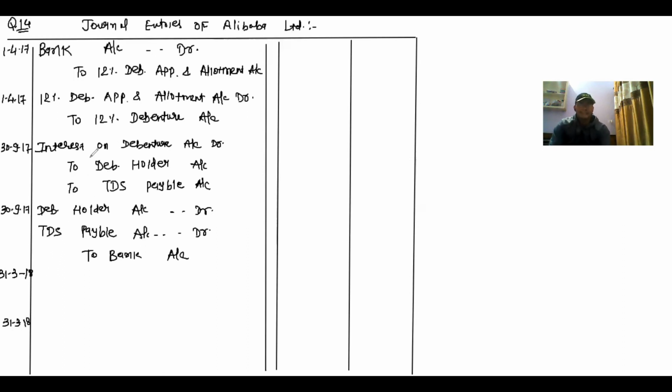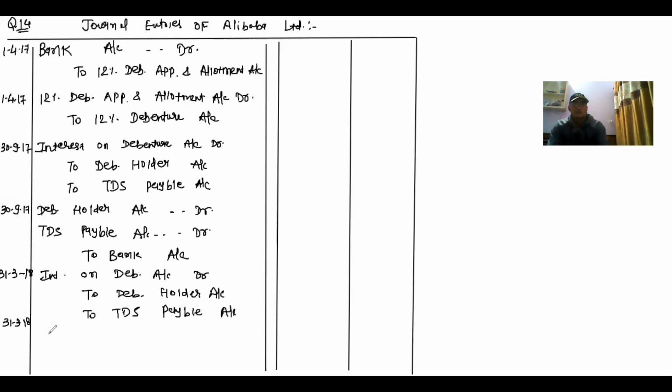Same entry: interest on debenture account debit to debenture holder account, to TDS payable account, then debenture holder account debit, TDS payable account debit to bank account.